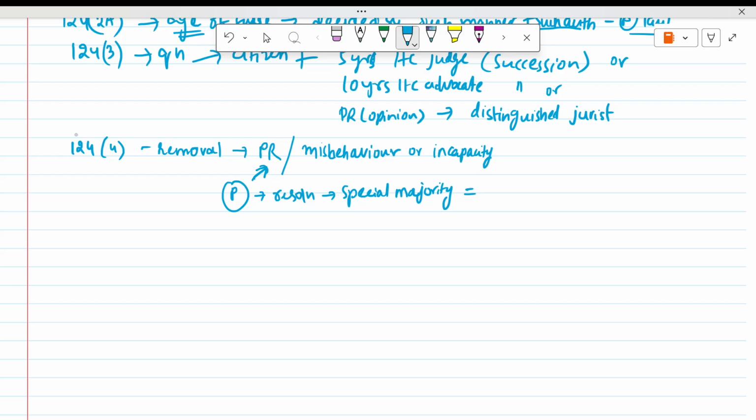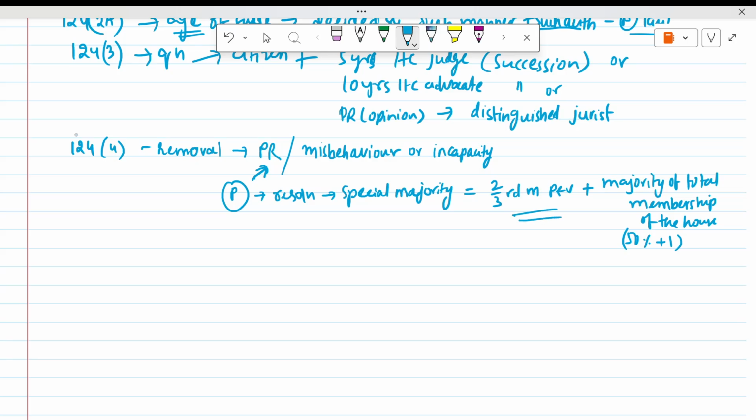This special majority is 2/3 of the members present and voting, plus a majority of the total membership of the House, which means 50% plus 1. So this is one and this is one. That is what special majority is.